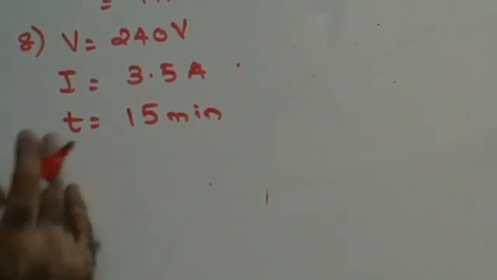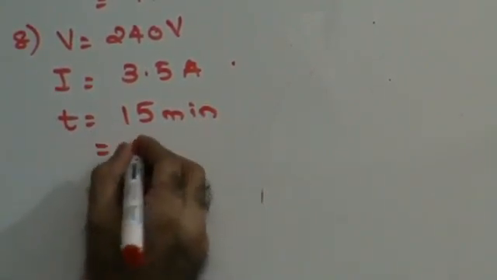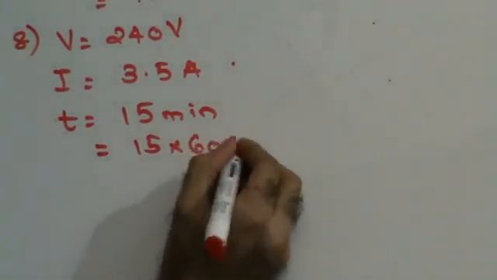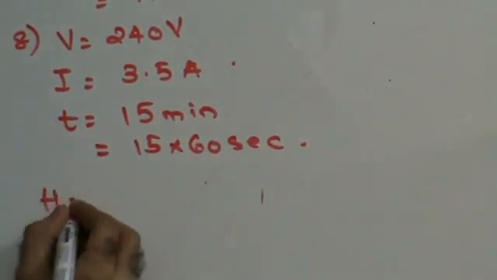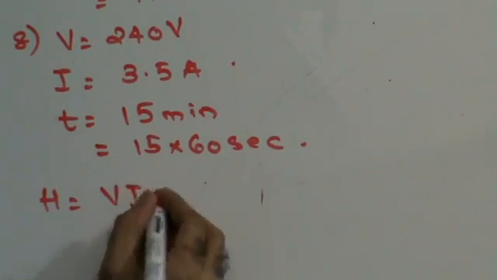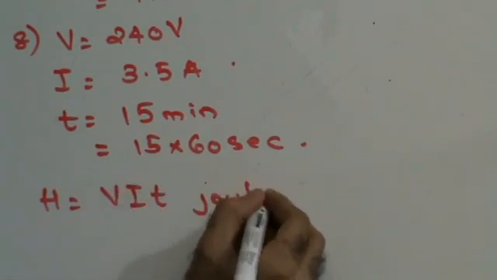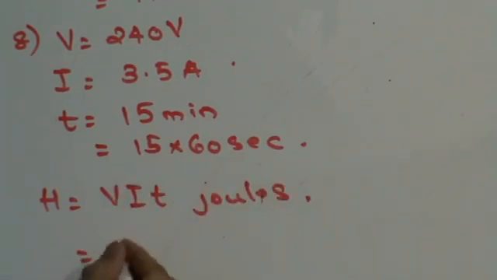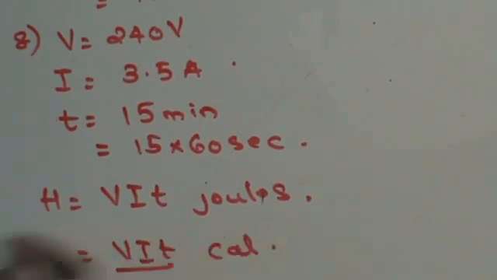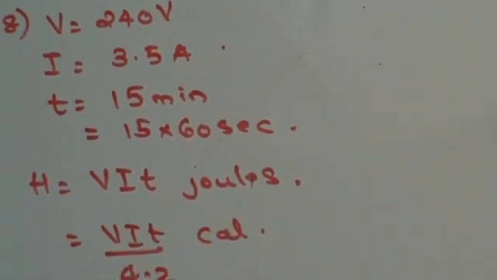Now first of all, just convert these minutes into seconds, that is 15 into 60 seconds. Heat is equal to VIt joules. Since they have asked me heat dissipated, I need to give it in calories. This is nothing but VIt upon 4.2 calories. That's how you convert from joules to calories.